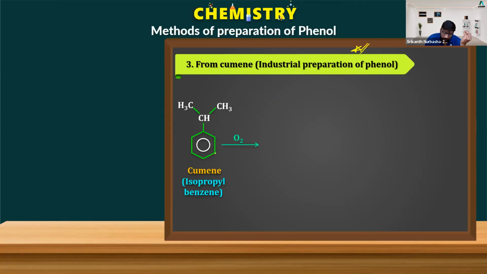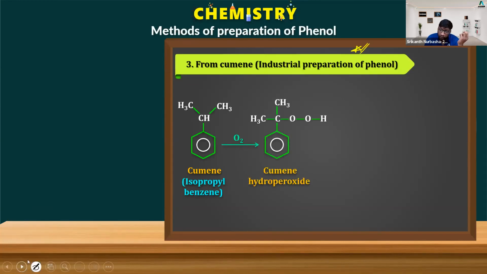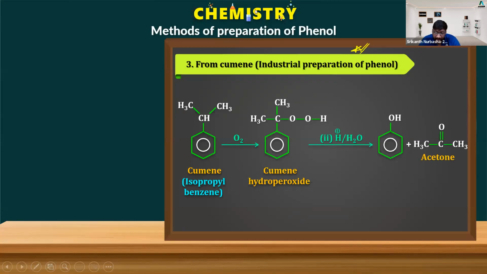Cumene, upon treatment with O2, forms cumene hydroperoxide, and this is happening because of a peroxy reaction, that is a free radical path. This cumene hydroperoxide upon acidic hydrolysis forms phenol and acetone. And what was the mechanistic approach of this? First step is simple.